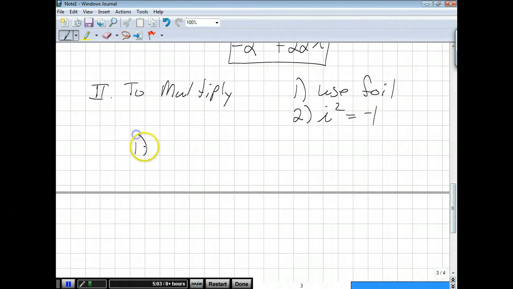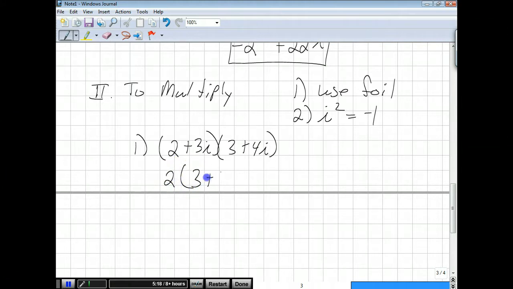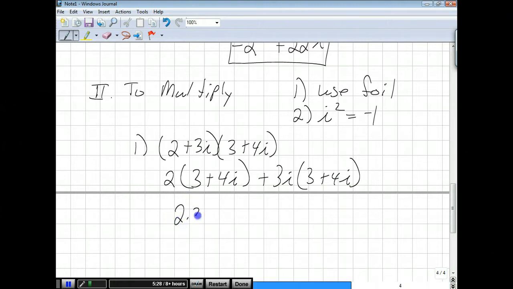So, for instance, example 1, if I have 2 plus 3i and 3 plus 4i, and I want to multiply those two together, well, I do just like I would do with FOIL. So basically I'm going to take 2 times the second parenthesis plus 3i times the second parenthesis. Then I'm going to distribute. So 2 times 3 plus 2 times 4i plus 3i times 3 plus 3i times 4i.